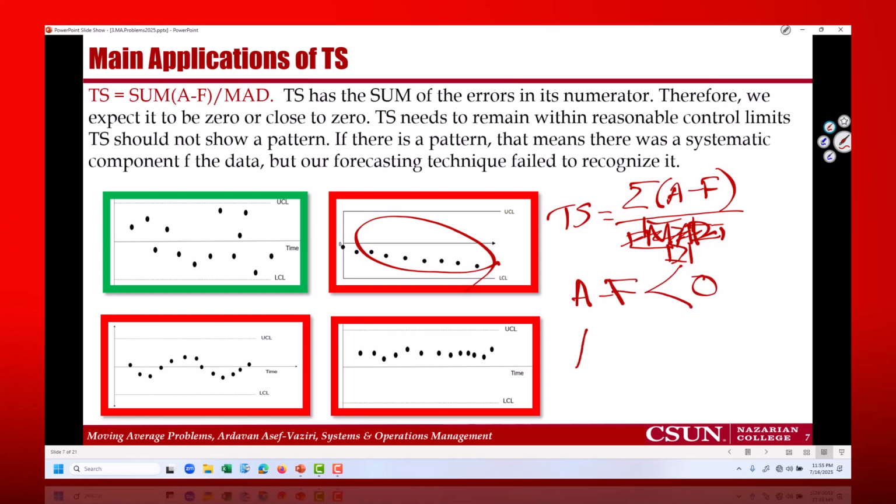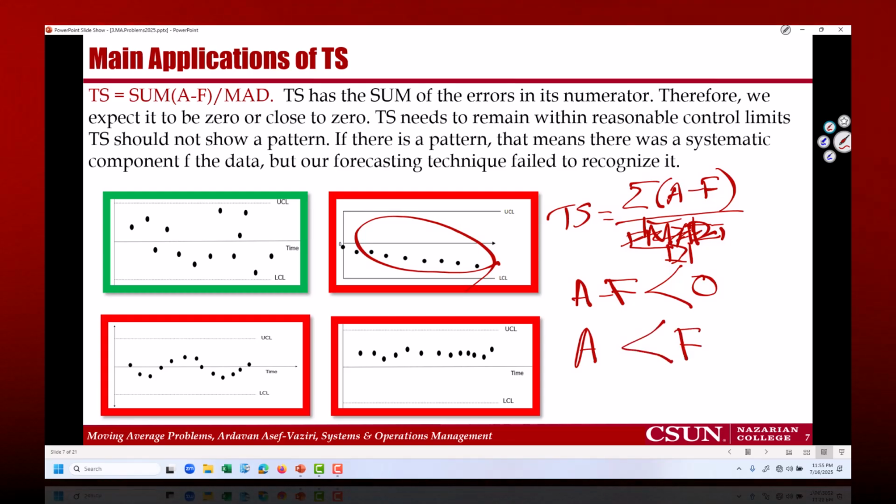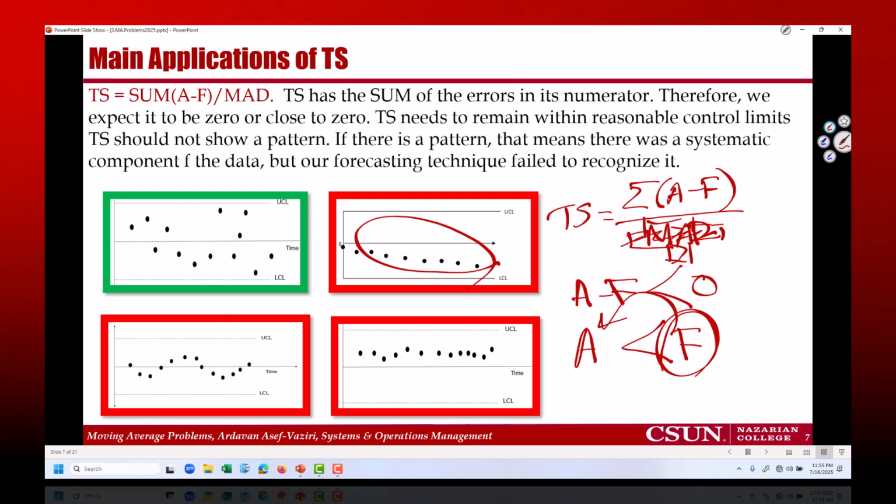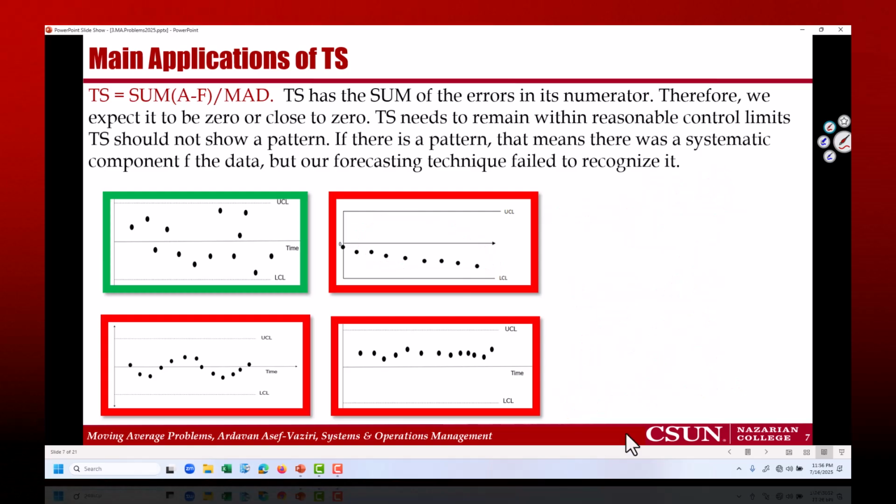That means A is less than F. So we always have our forecast greater than actual, or most of the time, we are overestimating the demand.